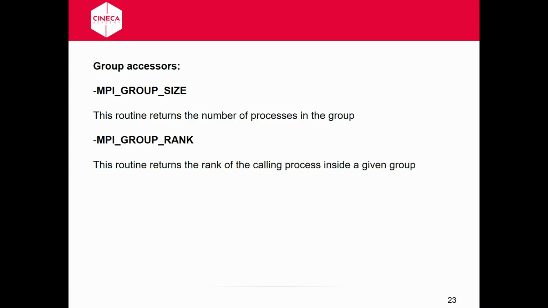In MPI, you also have some functions that you can use to request information about the new group that you create. For example, the subroutine MPI_Group_size returns the number of processes that are in the group, and MPI_Group_rank gives you the rank of the process inside the new group.